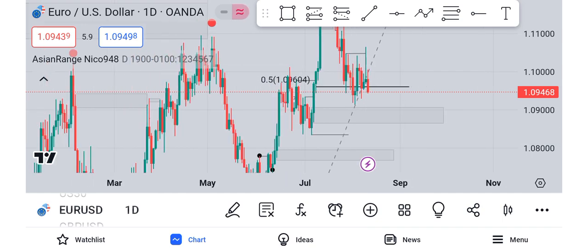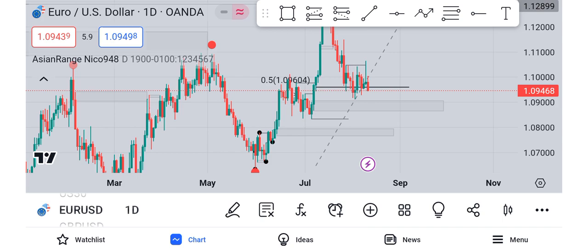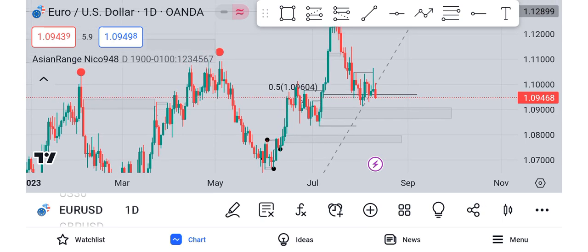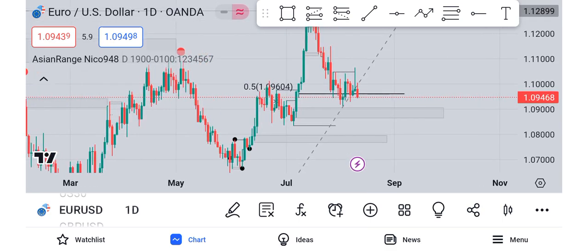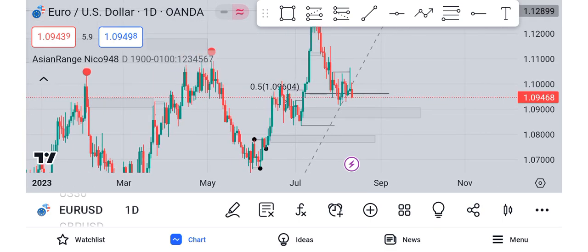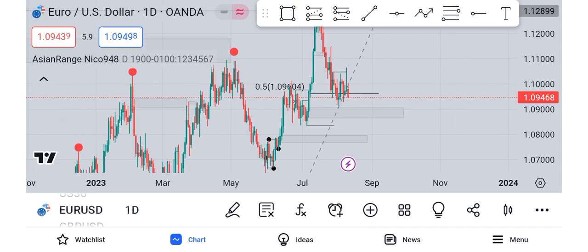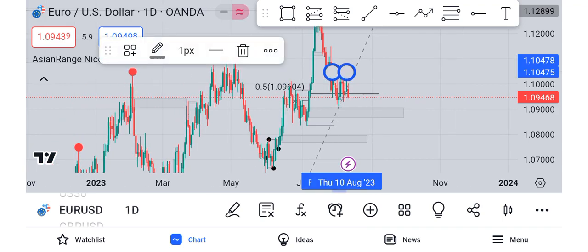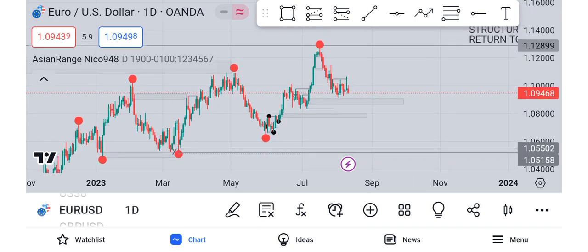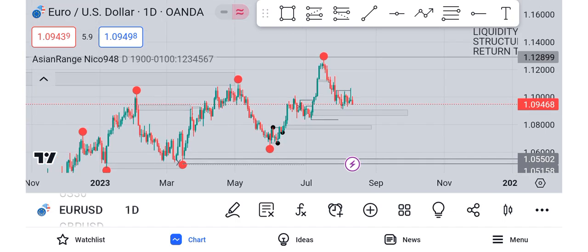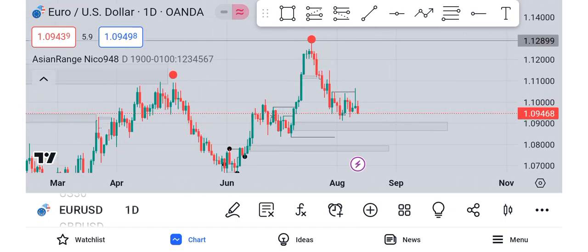But since price has already reached the 50% discount, and we have an available POI demand zone here, I'm anticipating that price might use it to take its recent daily time frame swing high.